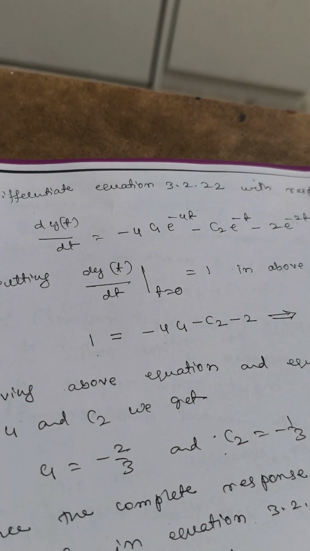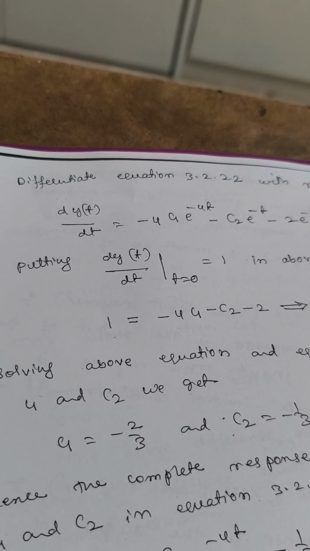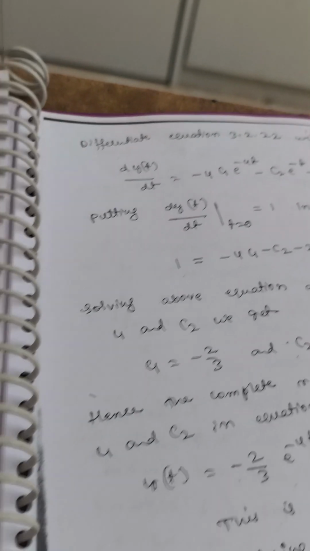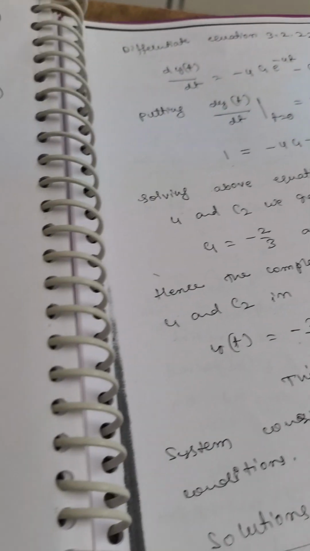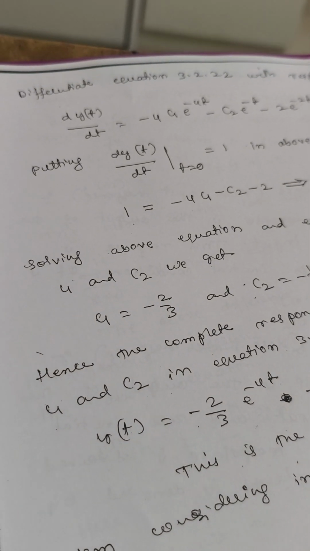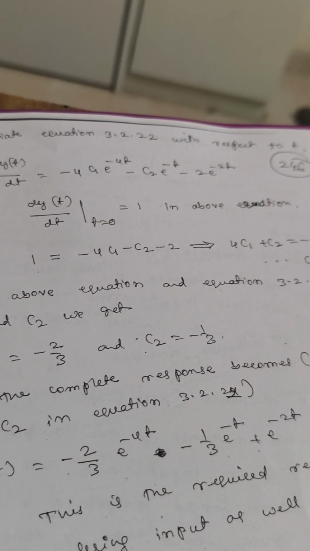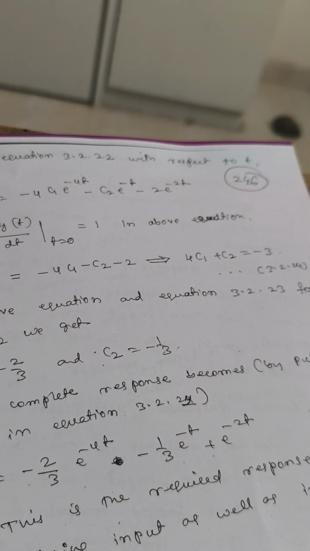Then it will be dy by dt equal to the differentiation of this equation. Which equation are they telling? Differentiate equation 3.22 with respect to t.